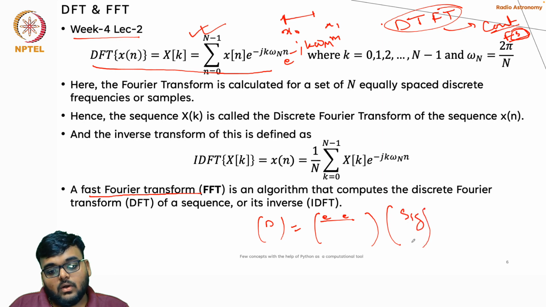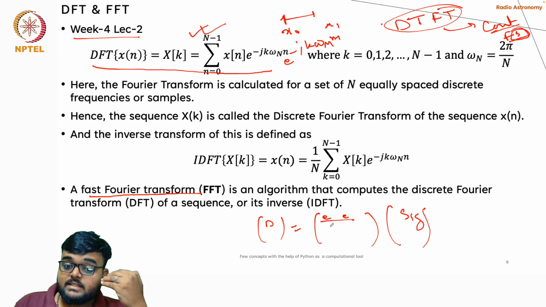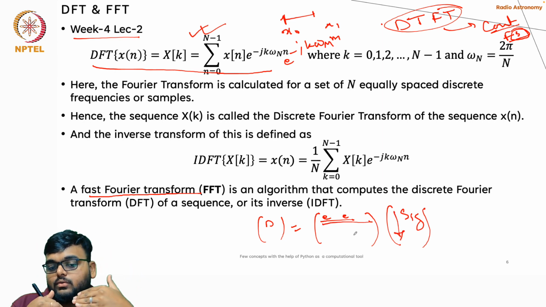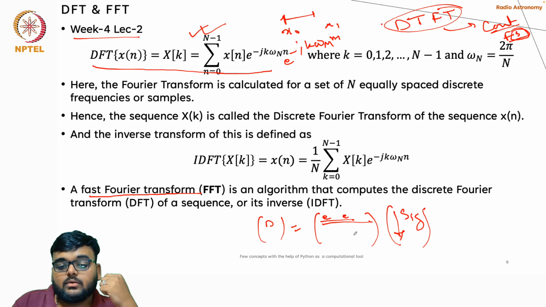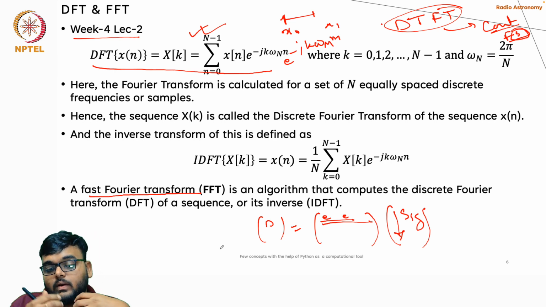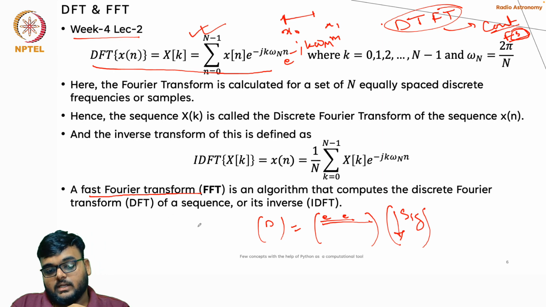Now if you remember correctly, this is a matrix multiplication, which means this multiplied by this. So if you try to program it, it will go into loops, meaning there will be multiple loops running to calculate this. To reduce that, an algorithm is used to reduce the time consumed for calculating DFT, which is called fast Fourier transform.